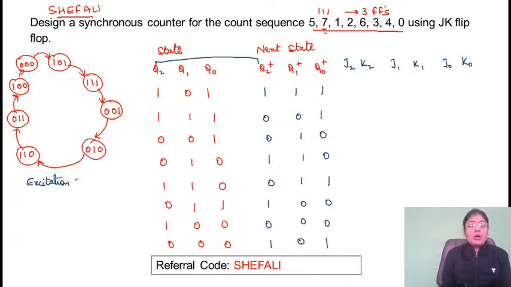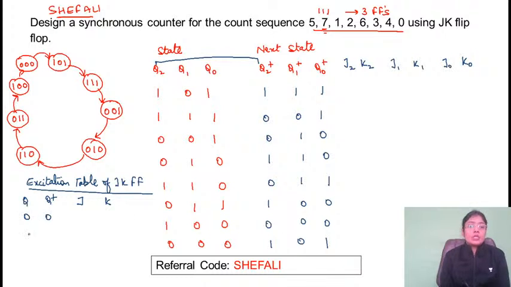The excitation table of the JK flip-flop will be used, with Q, Q plus, and outputs J and K. The combinations are 0 0, 0 1, 1 0 and 1 1. The excitation table is 0 to 0 is 0 cross, 0 to 1 is 1 cross, 1 to 0 is cross 1, and 1 to 1 is cross 0. Everyone knows how to construct this excitation table.